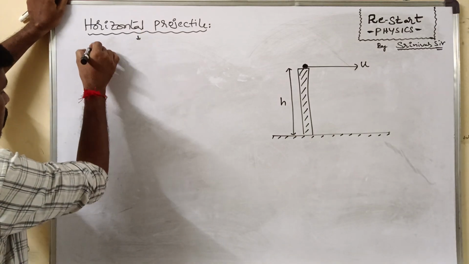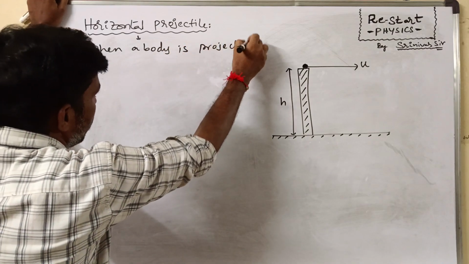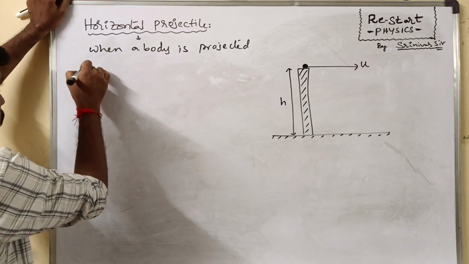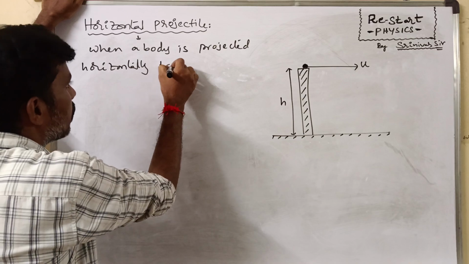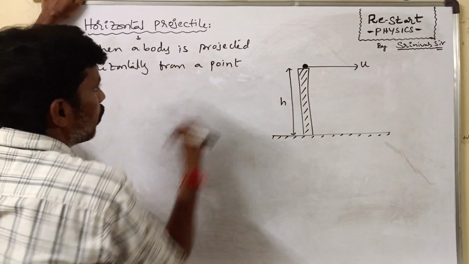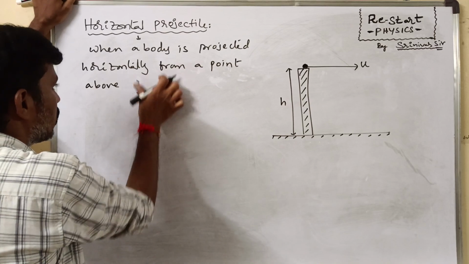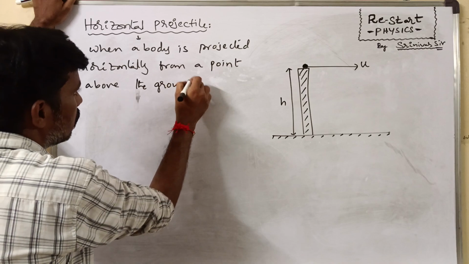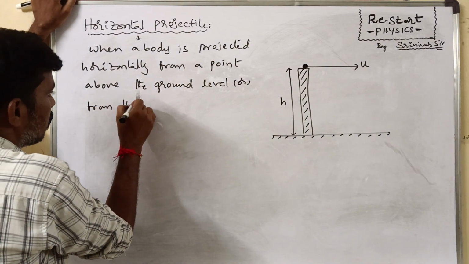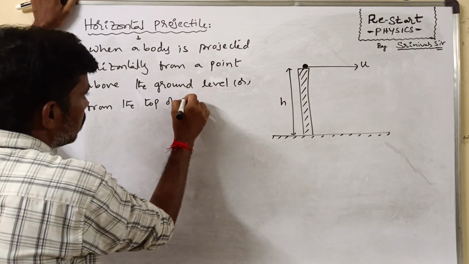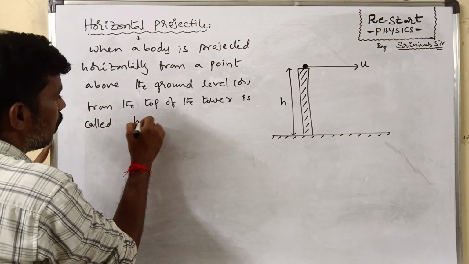So horizontal projectile means when a body is projected horizontally from a point above the ground level, or from the top of the tower, it is called a horizontal projectile.